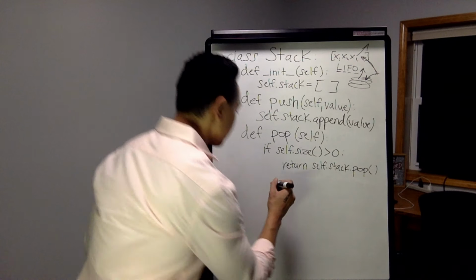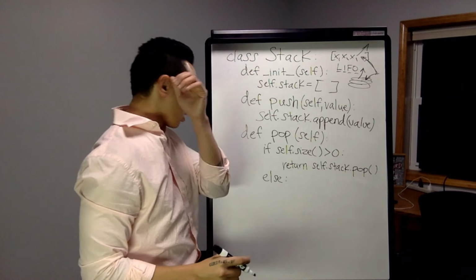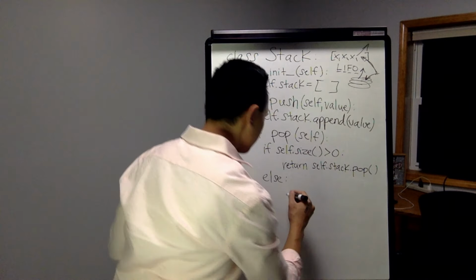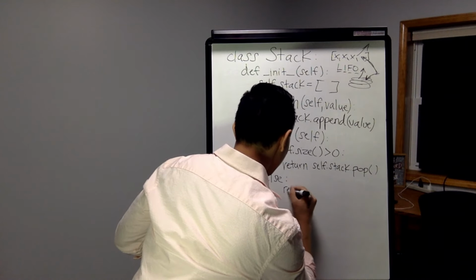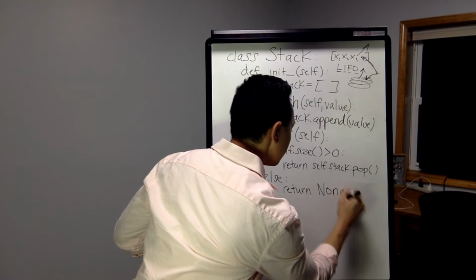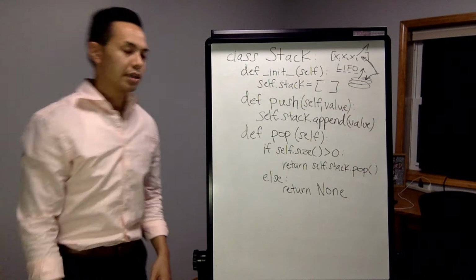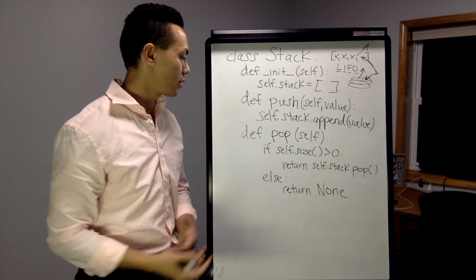Okay? And now we're going to need an else statement here to handle any cases where the stack's going to be empty. Because remember, you can't remove something that's not there. So we're just going to return none, just like that.